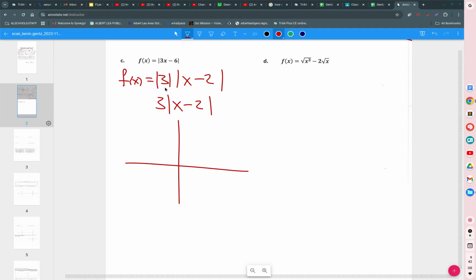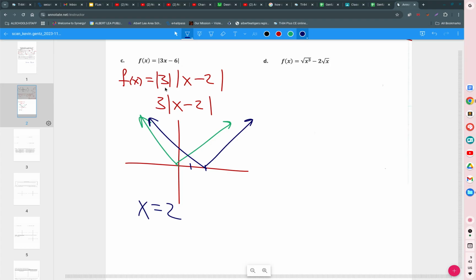So that tells me that this function, the absolute value function, is shifted where? Right. To the right 2 units, okay? So if that's what the graph looks like, where does the derivative not exist? At 2. So x equals 2 is a critical point. I didn't even take the derivative. I knew that if I take the derivative at that spot, it doesn't exist because I have a corner.